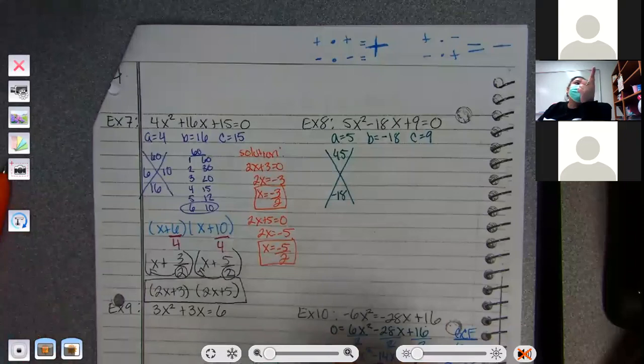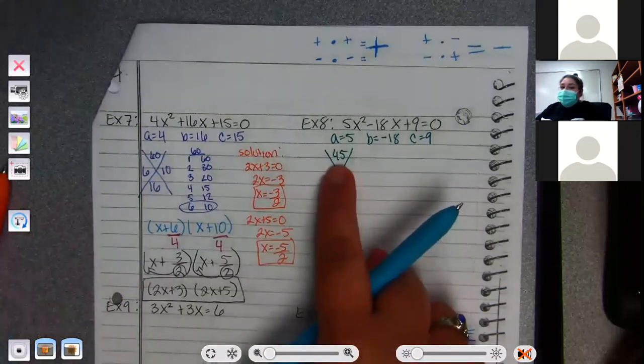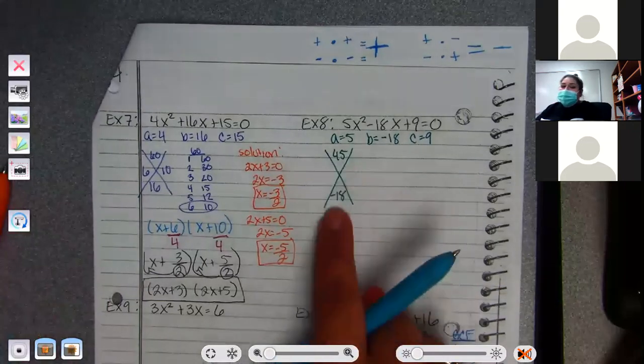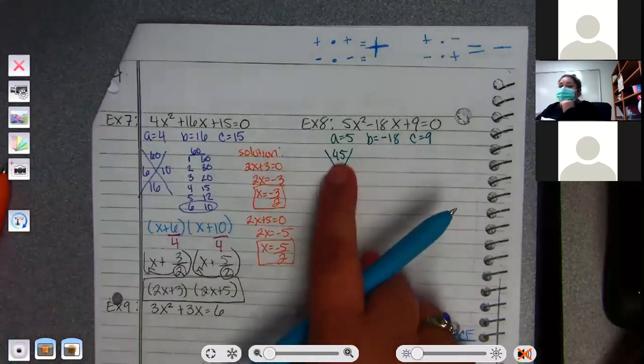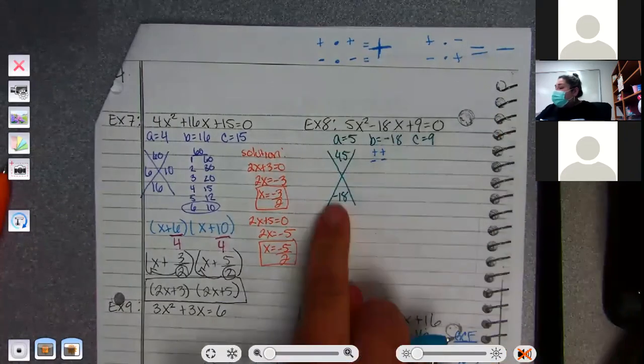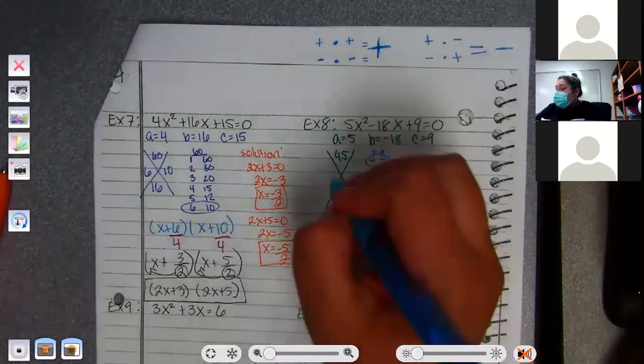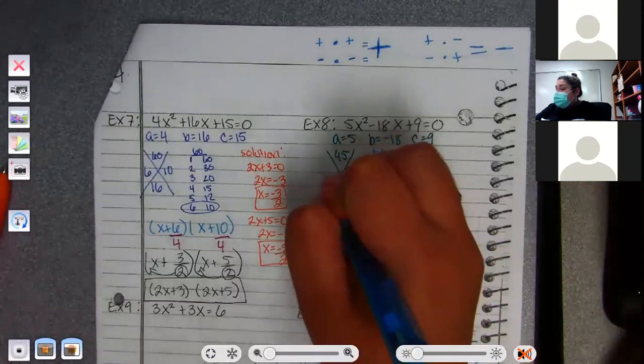Okay, so I found one of your mistakes. I wanted to multiply to this, but add to this. We know that when we multiply to get a positive, it either has to be two positives or two negatives. But we have a negative down here, so I know it has to be my two negatives. So your answer was 15 and 3.